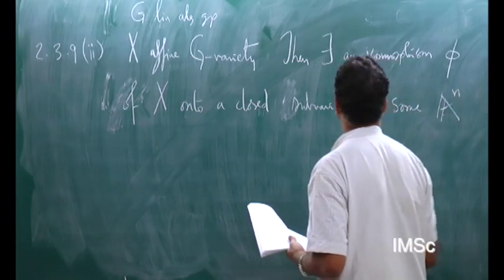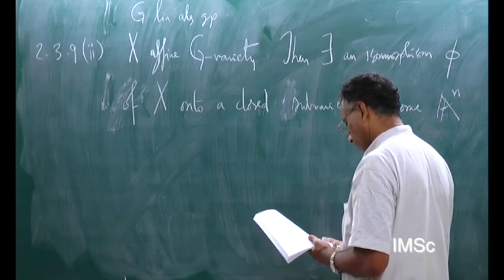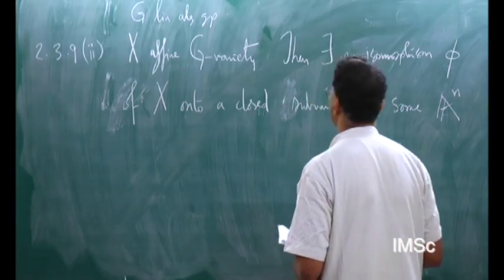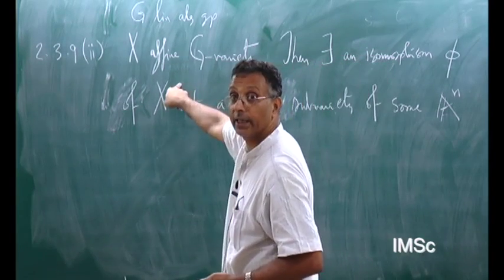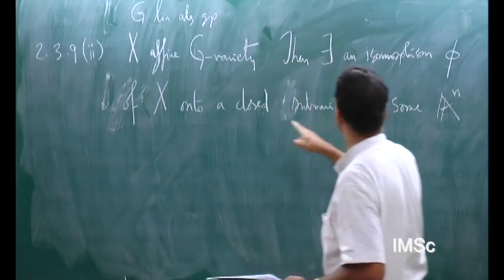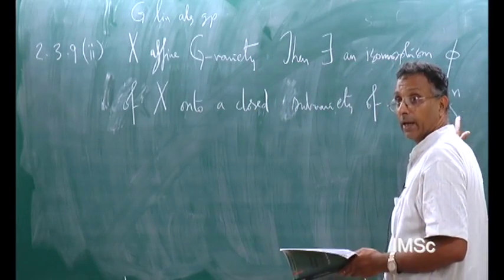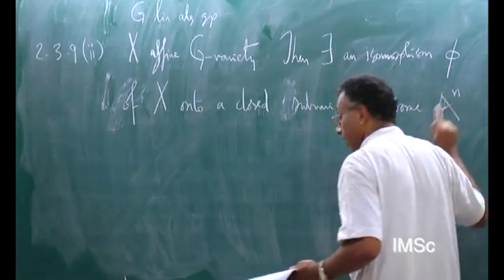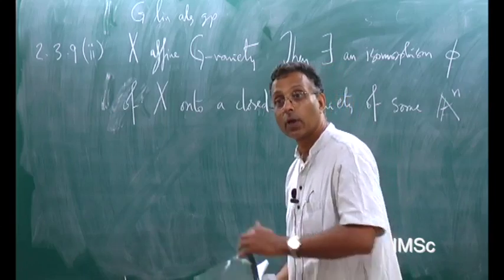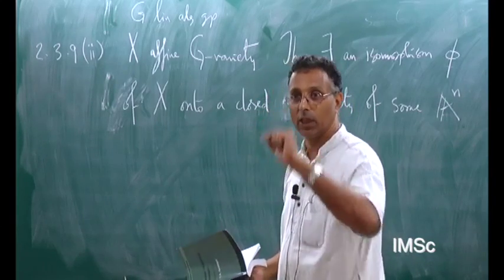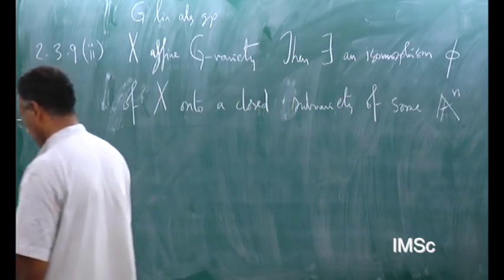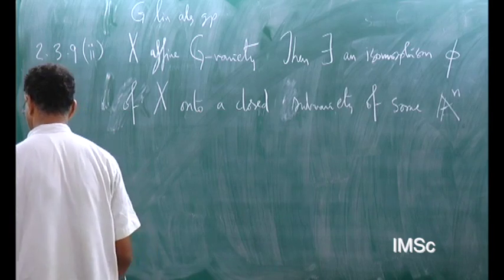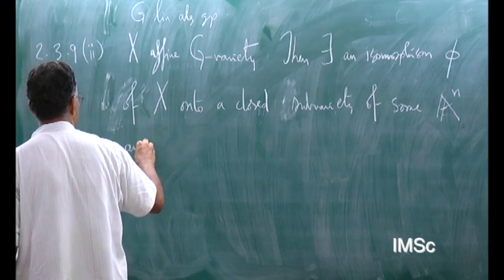Right now that doesn't seem very special because X is an affine variety, so it is a closed subset of some A^n, right? What is special about this A^n is that you can make this into a representation of G, a rational representation.